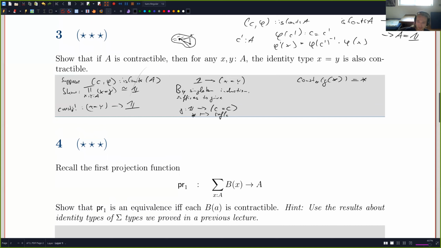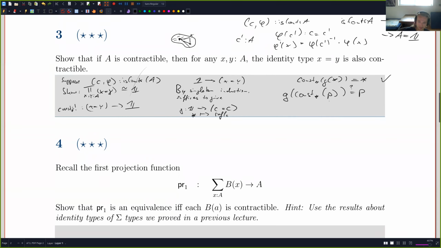Okay, so we know that G is a section for the constant map, and we also want to prove that G of const star of any P is equal to P. And here we proceed by path induction. So this is clear, and is this clear?